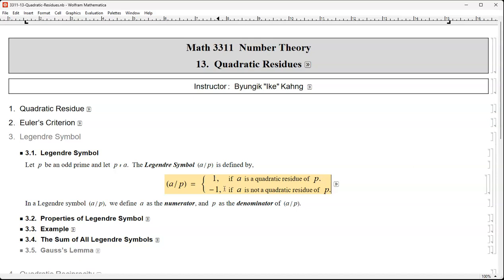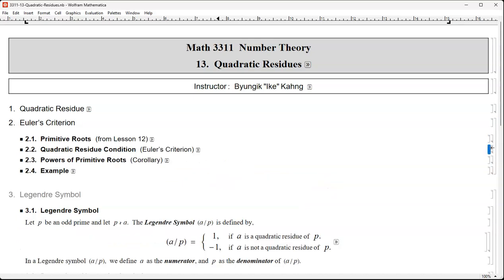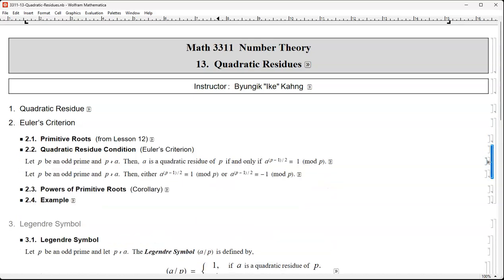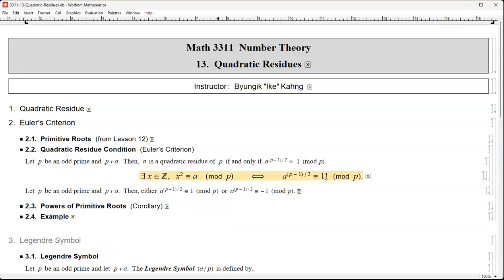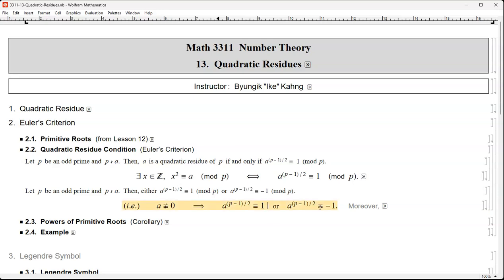By the way, we have 1 or -1 for quadratic residue versus non-residue. Doesn't it remind you of something? In section 2 we went through this Euler criterion. For a quadratic residue, a to the (p minus 1) over 2 power is 1. In fact, that is either +1 or -1, and nothing else. Well, actually it could be 0, but that's a special trivial case that we removed early on.